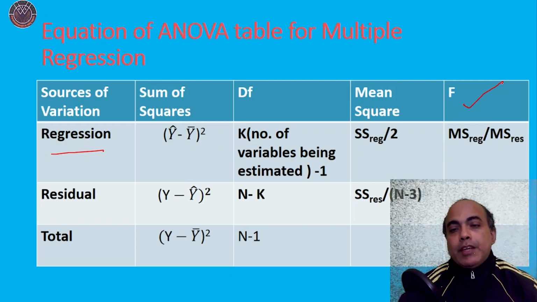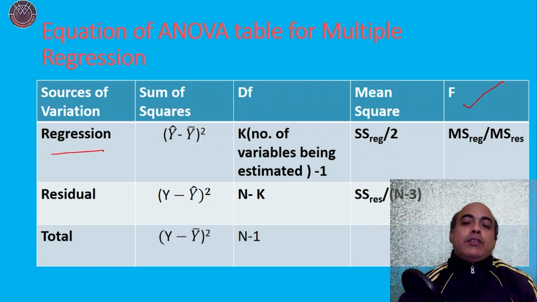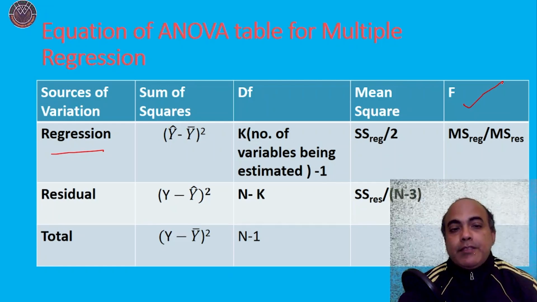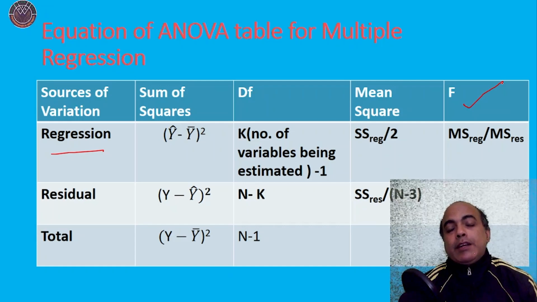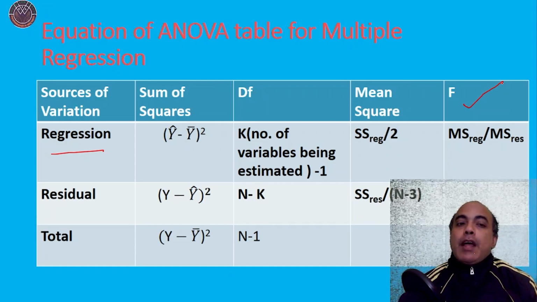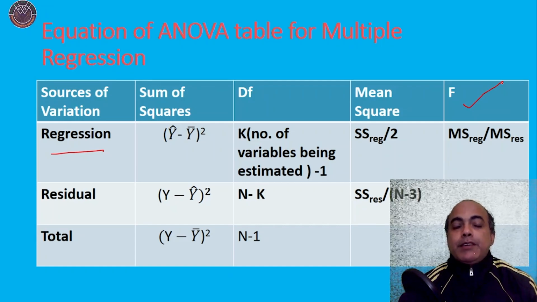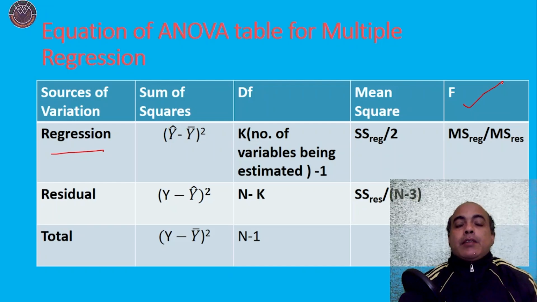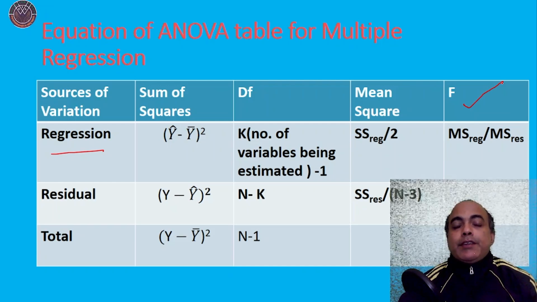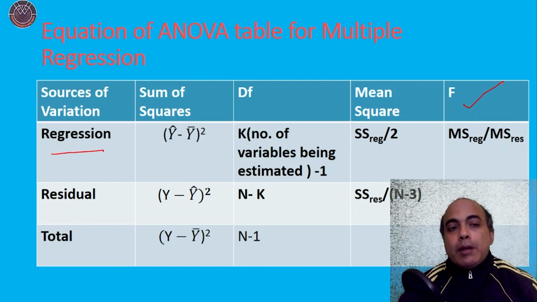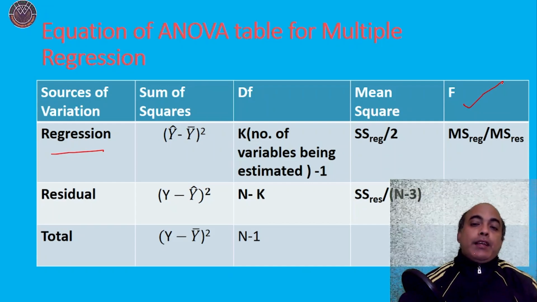Or we can say in another way, the F value should be significant, so that we can say that our independent variables are somehow able to predict the value of y using x.